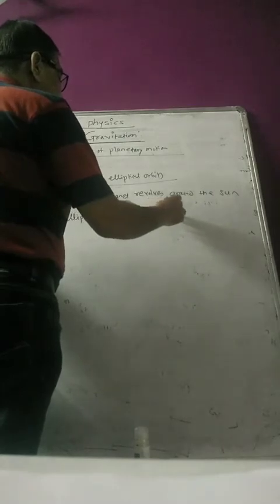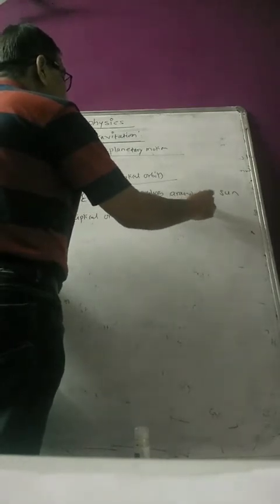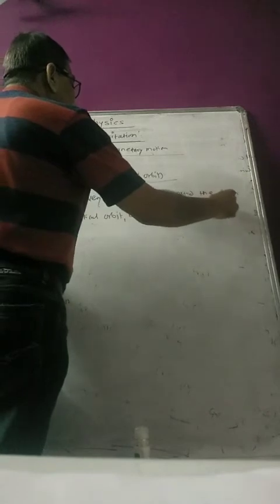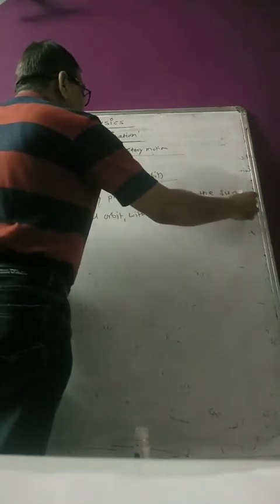So one of the focus of that ellipse will be your sun. Okay, now if this is the elliptical orbit, all the planets are revolving. Here this is semi-major axis, this is semi-minor axis. So sun is one of the focus of that ellipse.